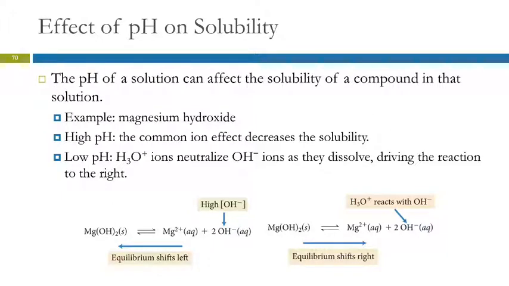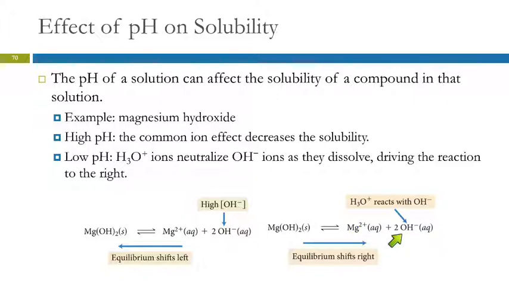pH also can affect solubility. Let's look at magnesium hydroxide. So magnesium hydroxide forms magnesium ion and 2 hydroxide ions. If we have a high hydroxide ion concentration, that's going to cause the equilibrium to shift to the left and reduce the molar solubility of magnesium hydroxide.